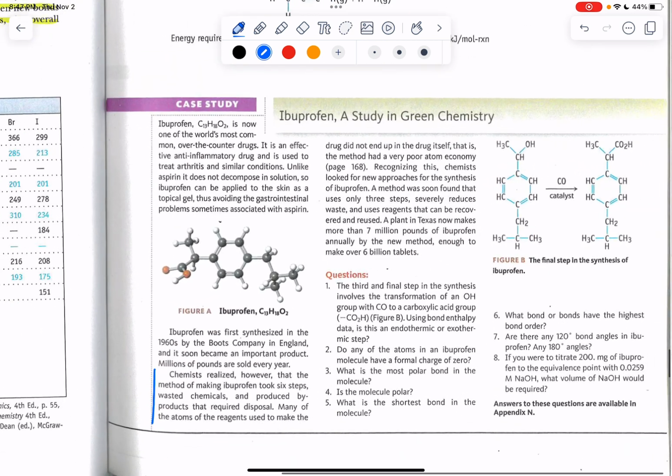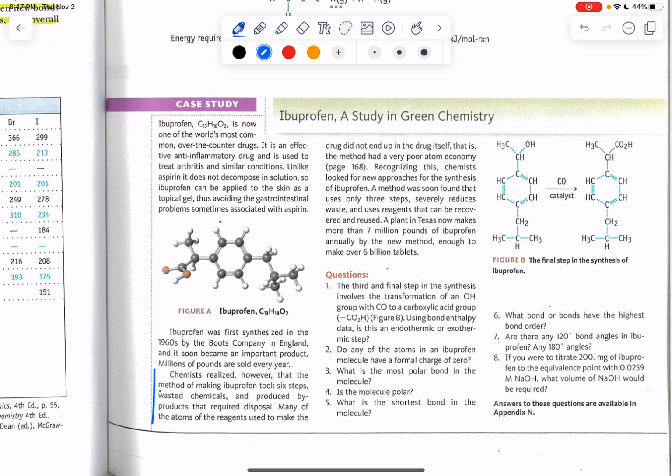Here they have a little sidebar on ibuprofen. And just to go off on a bit of a tangent here, without analyzing all of the bonds and so forth, notice that in business terms, staying competitive in the manufacturing of ibuprofen once the patent has worn off, people are going to try to find a more efficient way of making it.